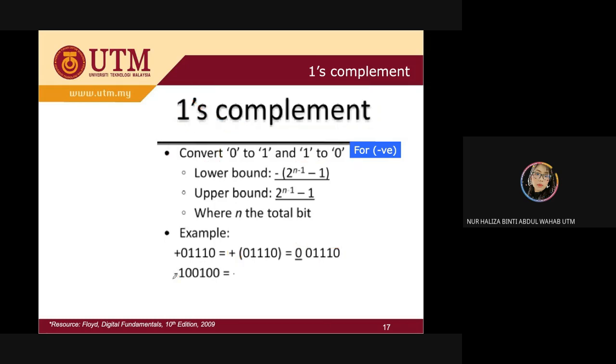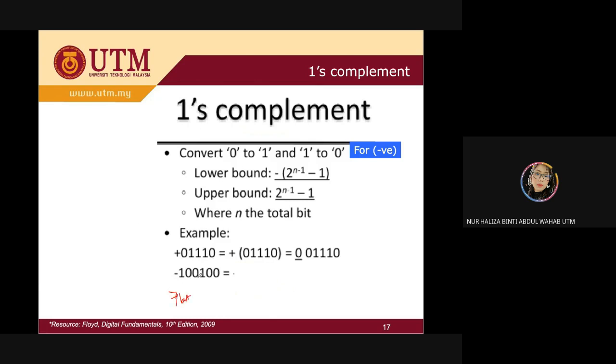If, let's say, in this example it's not mentioned as 7 bits, you just change it to be 110110. This is your first complement number because you just change the values. But in this question, it shows you that this is 7 bits.